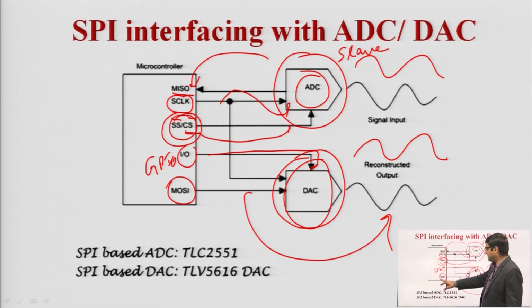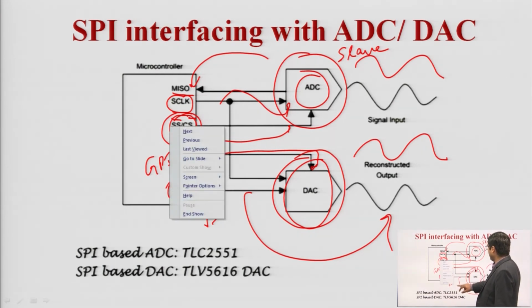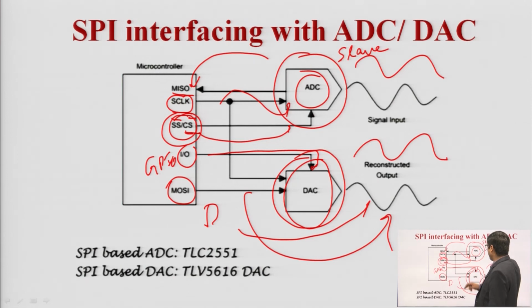MOSI means master out slave in. Master out means the master is providing the data with the clock, and the digital pulses which have been converted by the ADC are converted into analog form. Basically, SPI uses the ADC TLC2551. We just need an introduction to it, no need to discuss it in detail.